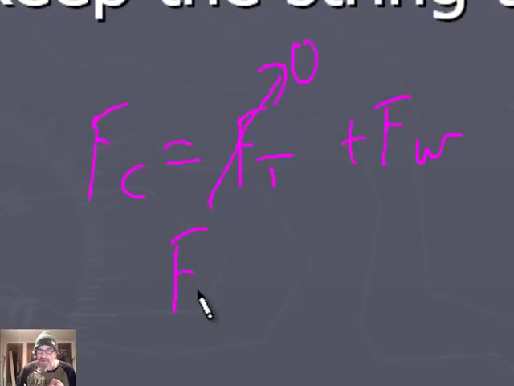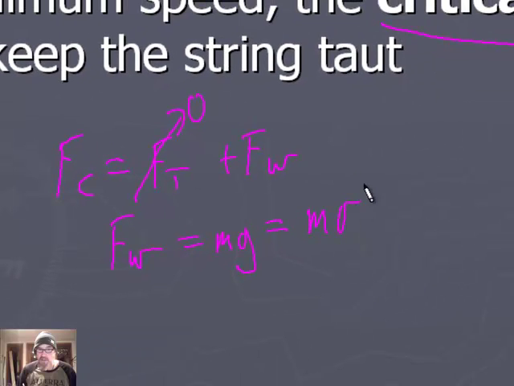Well, let's try and figure out what this means. The force of weight is equal to mg. And that's now equal to centripetal force, which is mv squared over r. So these two things, set equal to each other, provide us with a way to figure out this critical speed, that minimum speed that you have to keep moving at to cause this thing to stay taut.